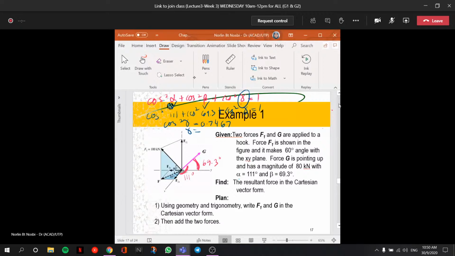Okay, now the next step is you need to find the position, the vector for this G. It is easier when you find the third angle, right? Now you need to find the position. I think I should clear the screen first.